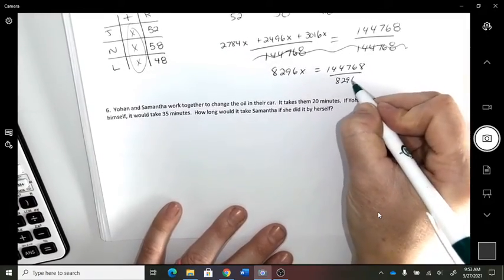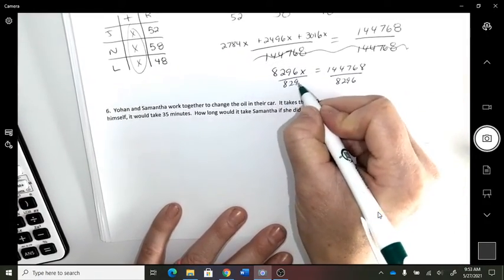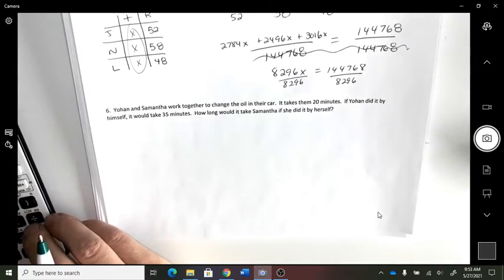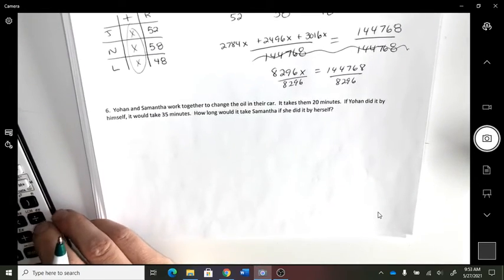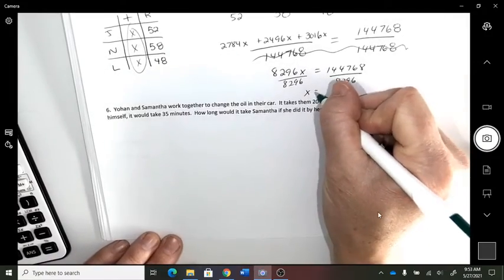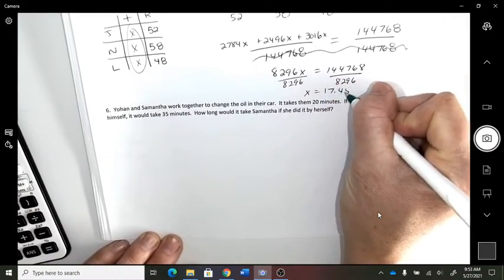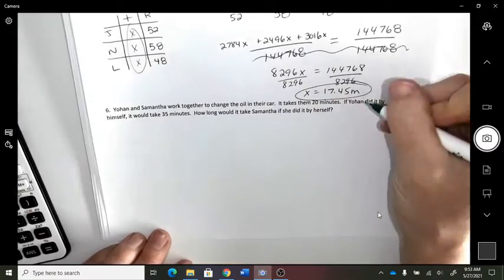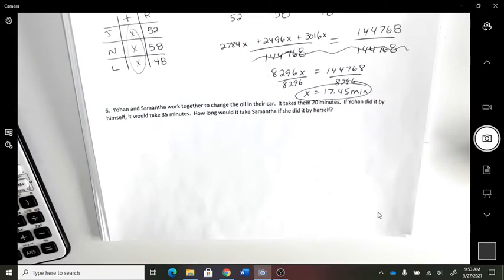Divide. See if our answer makes sense. 17.45 minutes when they all work together, which seems reasonable.